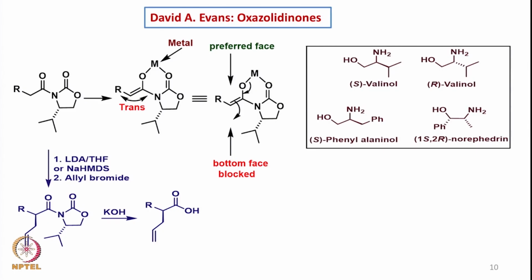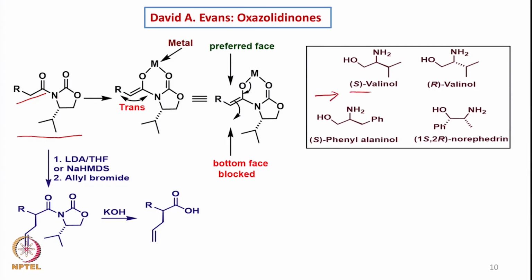So now what we have is, if we take a ketone and take a compound such as this, in which this particular part is attached to the auxiliary that is made from some of these amino acids.